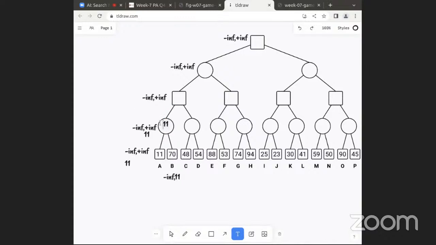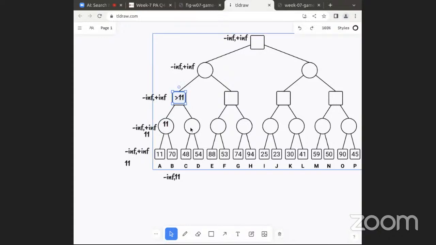It still has minus infinity, but this value is 11. Now, what is this node going to do? It is going to look for a value greater than or equal to 11. Actually, greater than 11, since equal to 11 is already there.